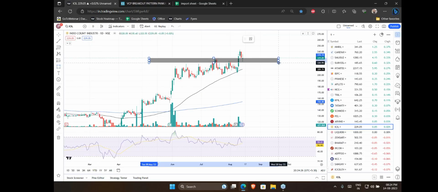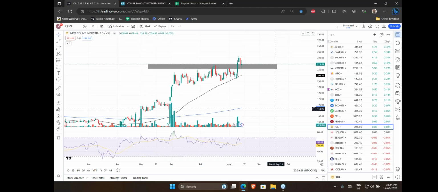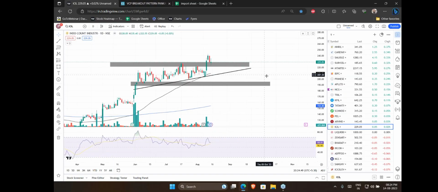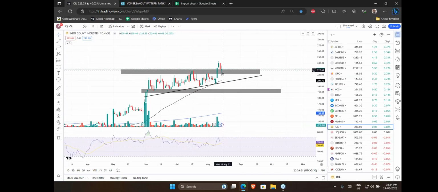So is this right? Do you agree with this? Yes or no? Yes, that's right. See, at the retest, what is the formation going on right now? Is it a doji? Let me make it less transparent.